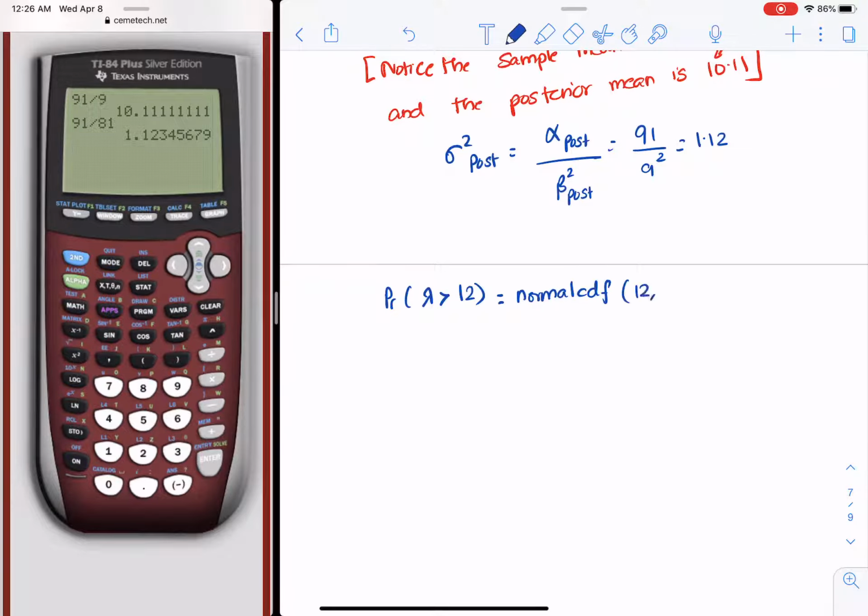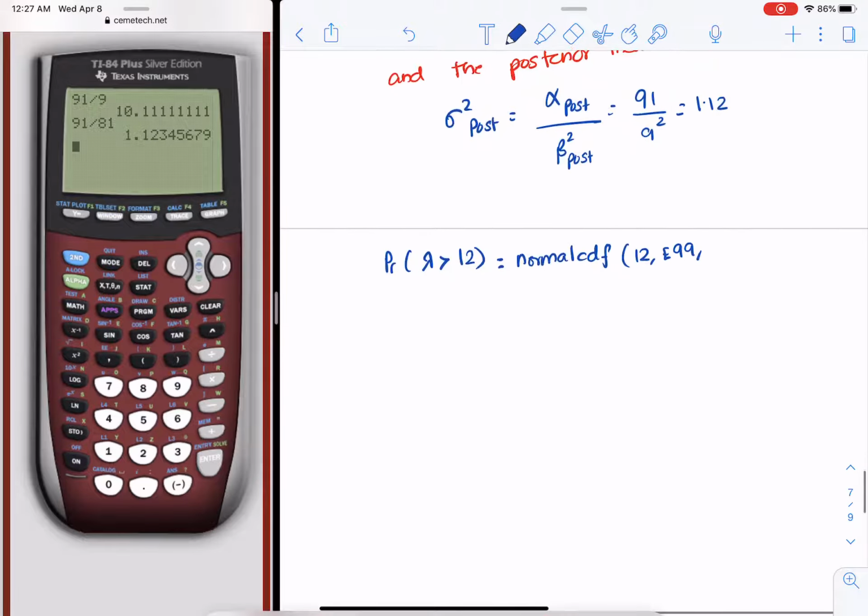We start at 12, E99, the posterior mean, which is 10.11, the posterior standard deviation, it's 1.058, which is simply the square root of 1.12.